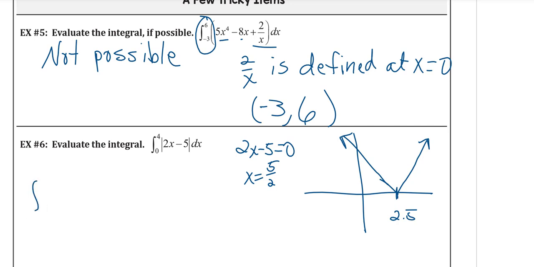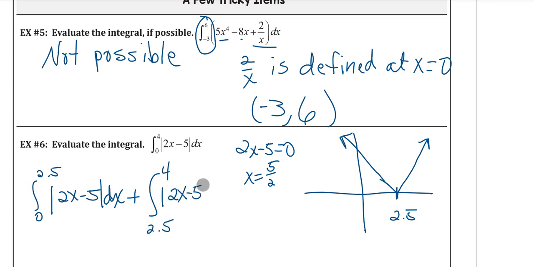So we're looking at the integration from 0 to 2.5 of the absolute value of 2x minus 5 dx. And we're going to add to that the integral from 2.5 to 4 of the absolute value of 2x minus 5 dx, because the function does two different things on either side of that vertex.